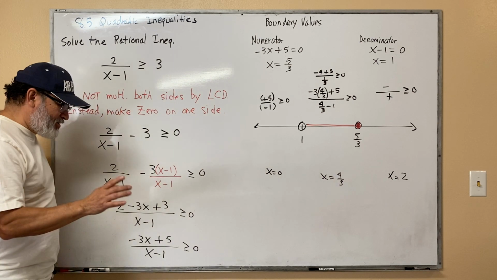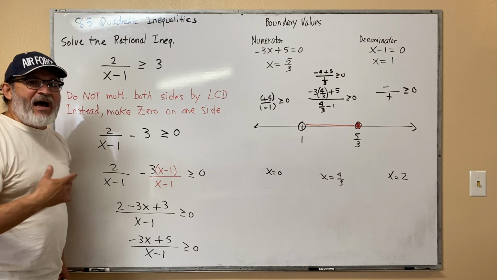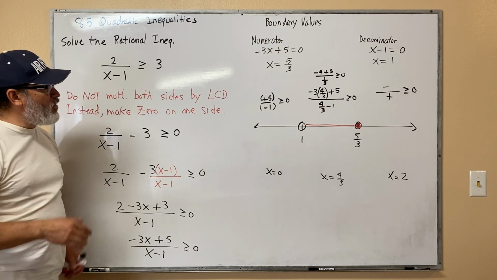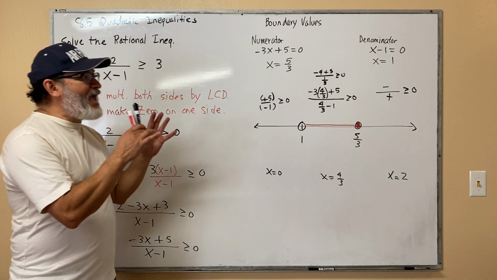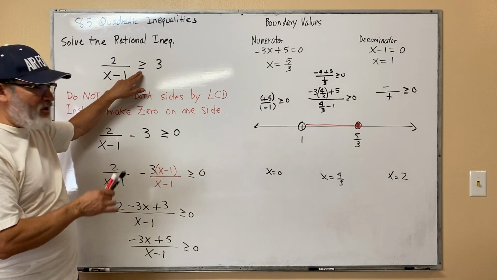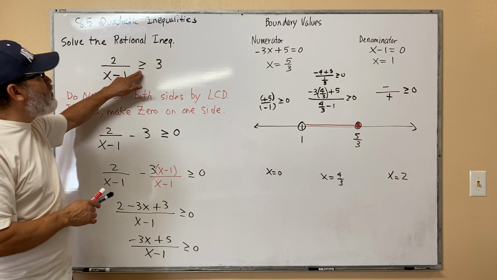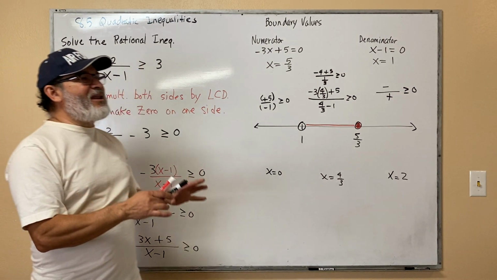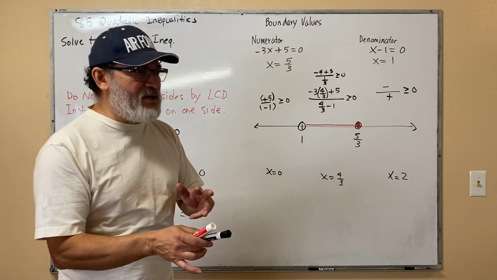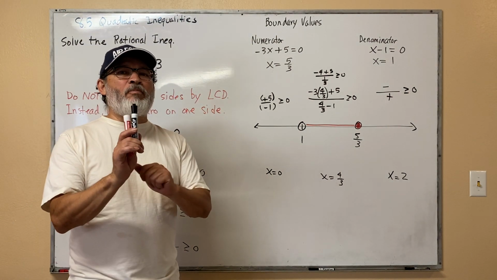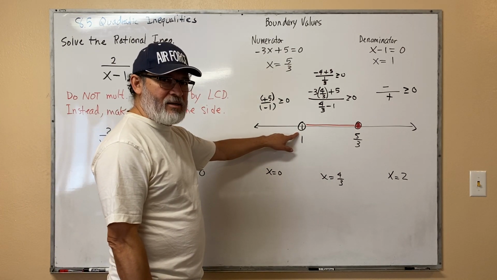No. Whenever a number makes the denominator 0, that's undefined. So when it comes to rational inequalities, if it does not have an equal sign, they're open. But if it has an equal sign, any boundary value that comes from the denominator is always open. So this stays open.